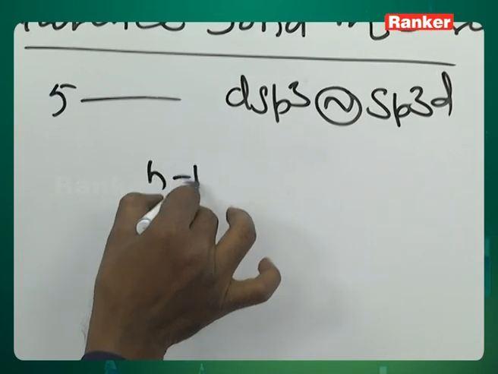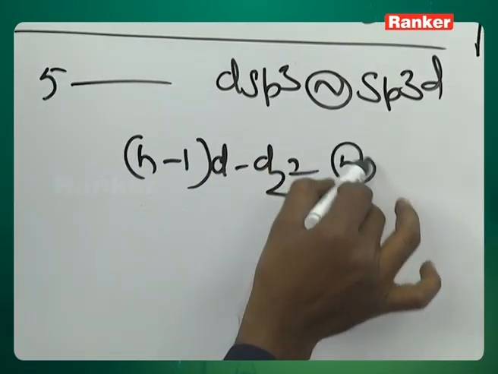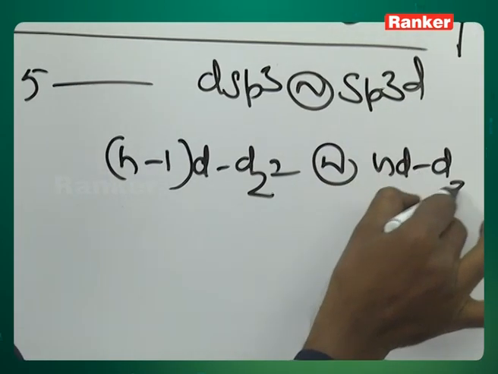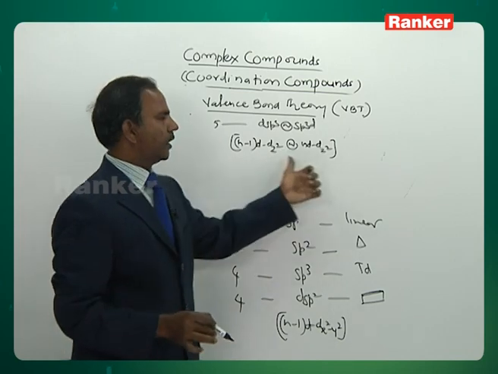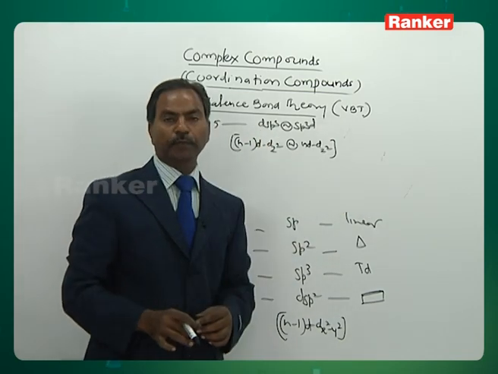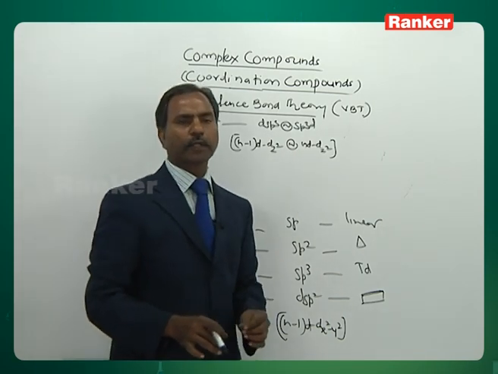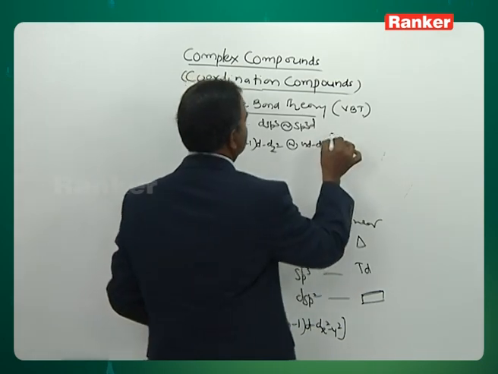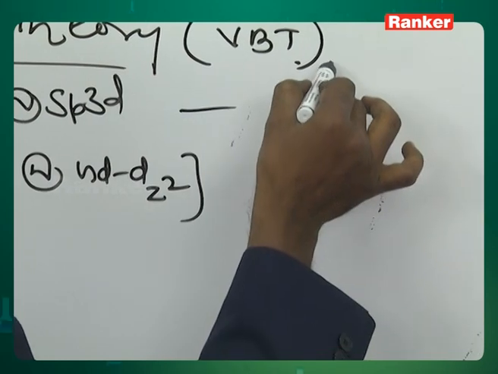Either it is the inner (n minus 1)d, which will be dz square, or the outer nd, which will also be dz square. Whether you take dsp3 or sp3d, the d orbital participating in hybridization is dz square. Now say the possible geometry: it is trigonal bipyramidal geometry.